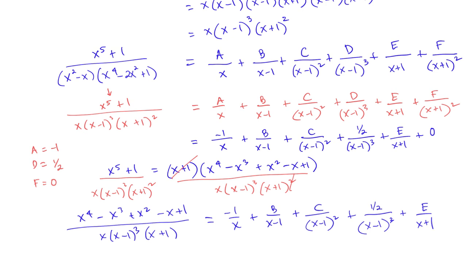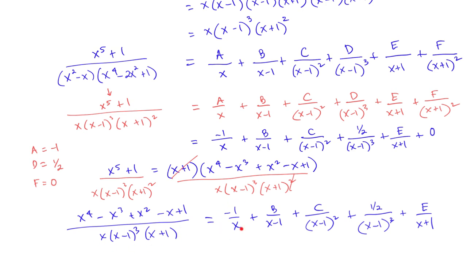To find the remaining coefficients b, c, e, we will need to find the least common denominator of the right-hand side and combine them. This least common denominator is the same as the denominator on the left-hand side.